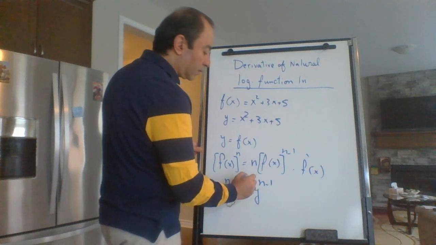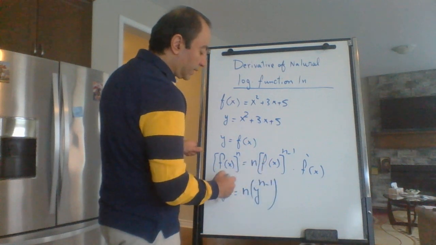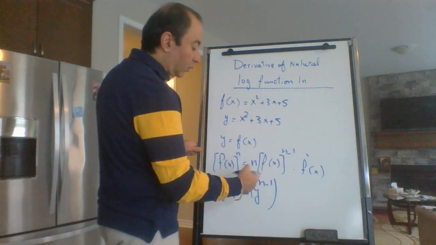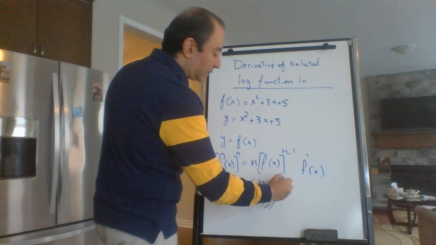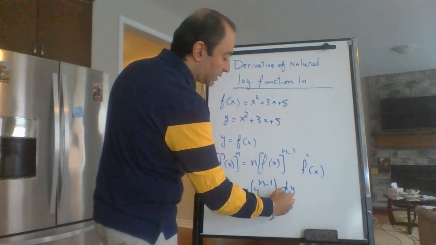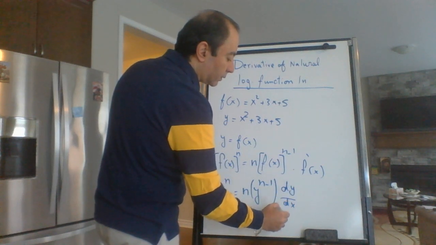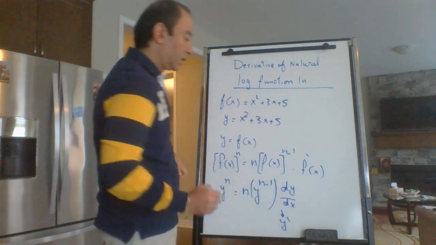We are not done; we have to multiply this by the derivative of y, which we can write as dy by dx or y prime. Both are okay.